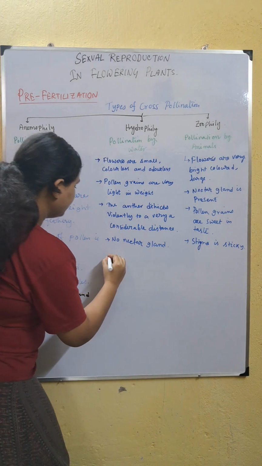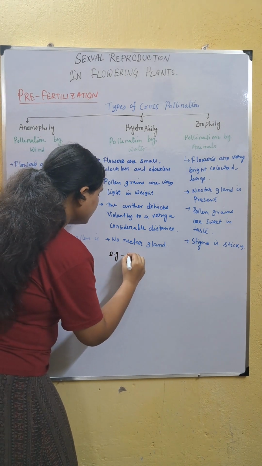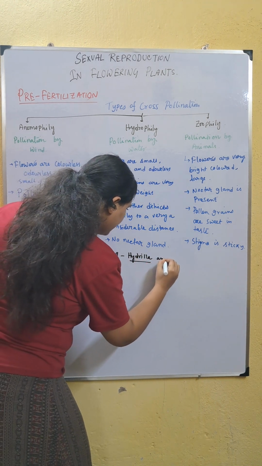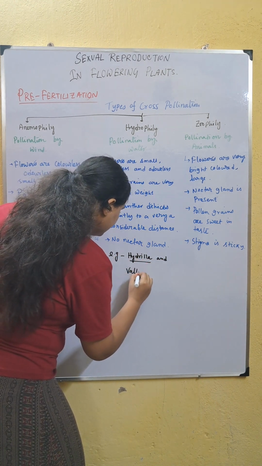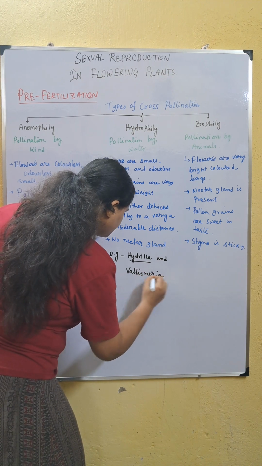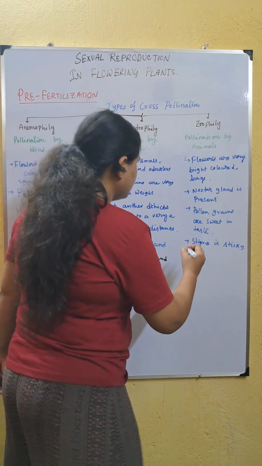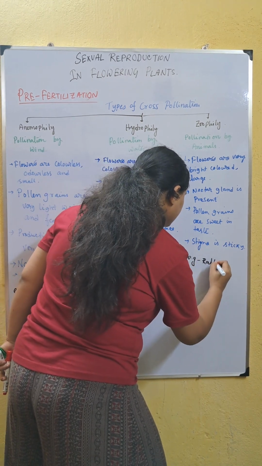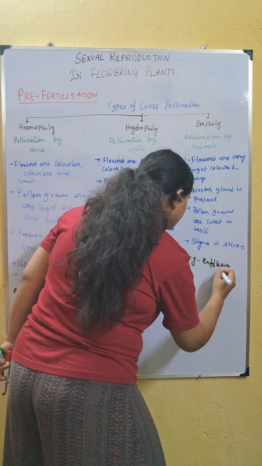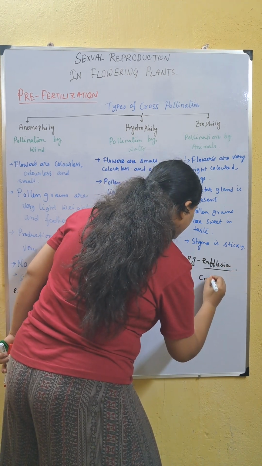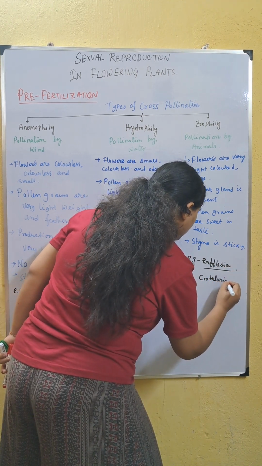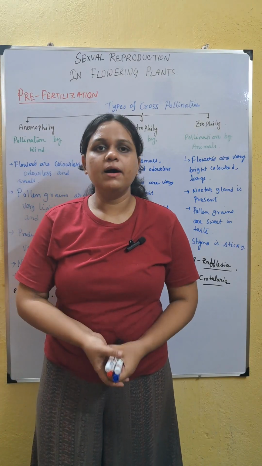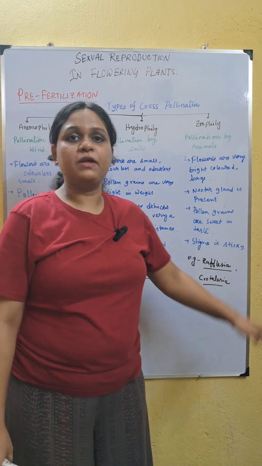In case of hydrophily, Hydrilla and Vallisneria. In case of zoophily, like Rafflesia, Crotalaria, and so on. Now we will come to the types of zoophily.